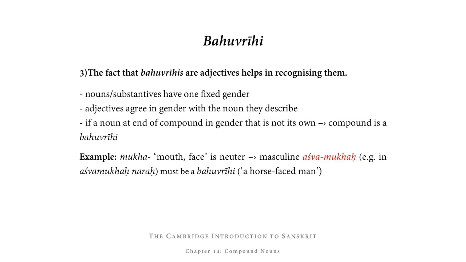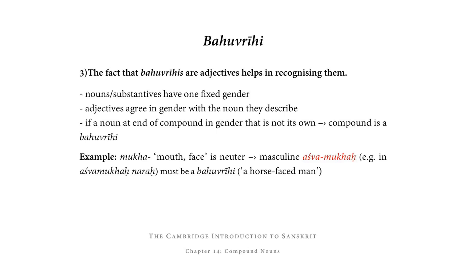Mukha, meaning mouth or face, is a noun that is neuter, so the nominative singular of that would be mukham. But if we see a masculine form ashvamukhah, where we find this form all of a sudden appearing with a masculine ending, we can tell from the fact that all of a sudden it has changed its gender that the compound that we're looking at as a whole has to be an adjective, i.e. a form that can change its gender, masculine, feminine, and neuter, and therefore that the compound we're looking at is a Bahuvrihi.